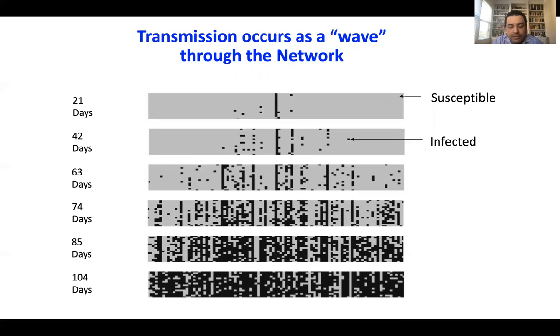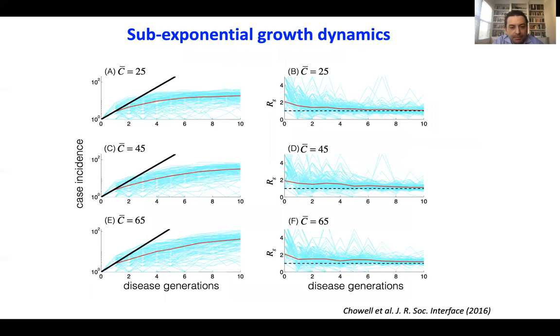In this graph, you can see an example of the type of spreading wave that we can obtain with that type of spatial model. It's like a wave of transmission that goes through the population and saturates across the population. And in particular, the early dynamics are characterized by sub-exponential growth, as we can see in this slide.